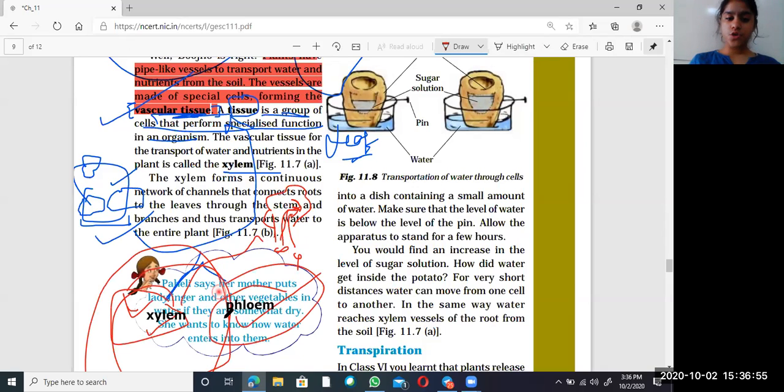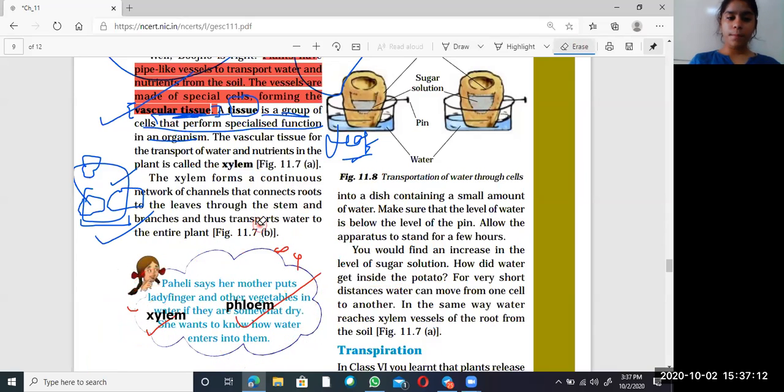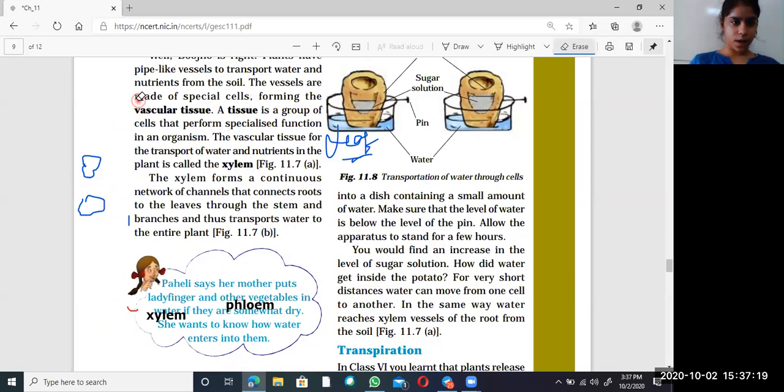Whereas जो phloem tissue है इसका फंक्शन होता है एक प्लांट में फूड ट्रांसफर करना. Basically, the function of the phloem tissue is to transport food material from the leaf to other parts of the plant. So, if I have my plant with me, let me clean this first, then we'll talk. Yeah, better.